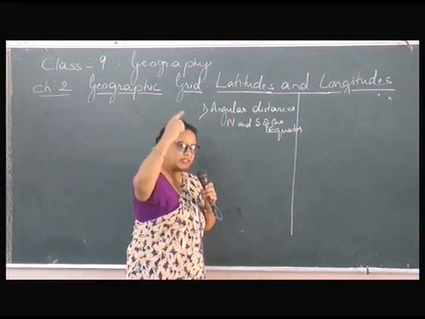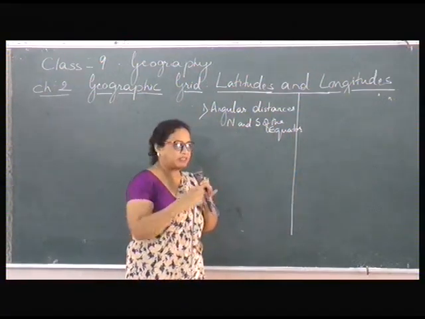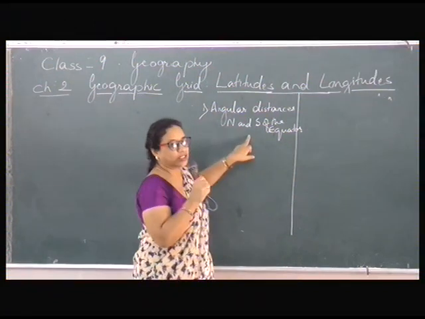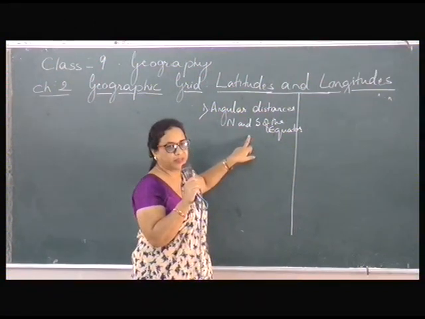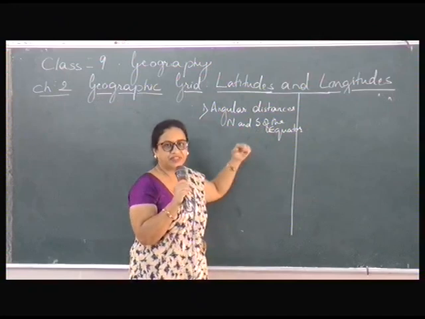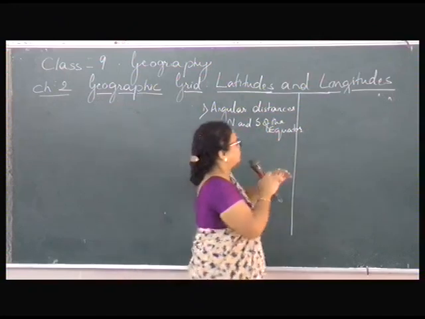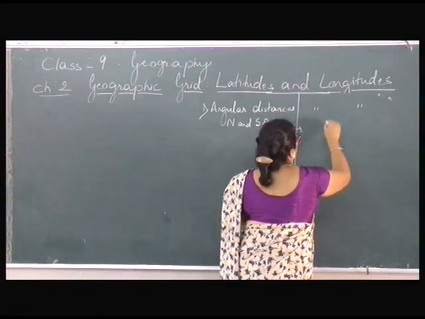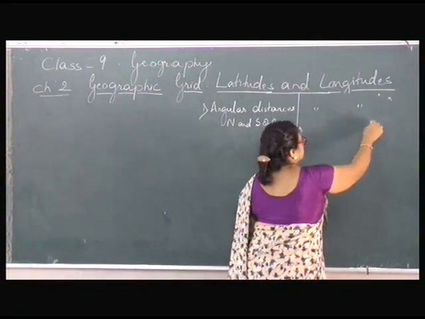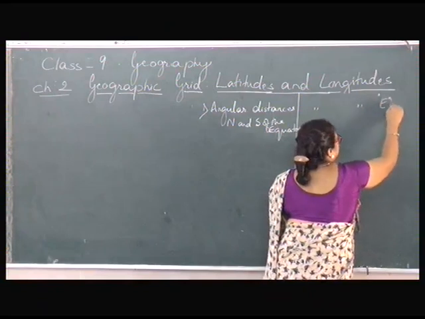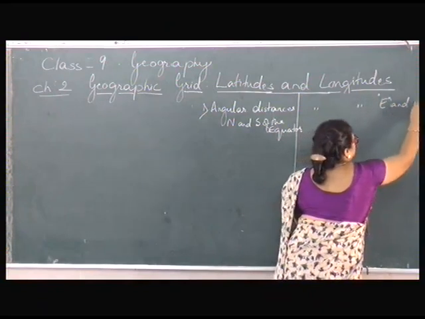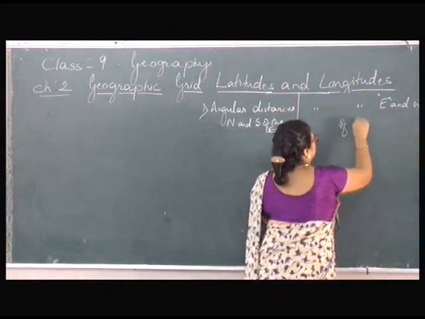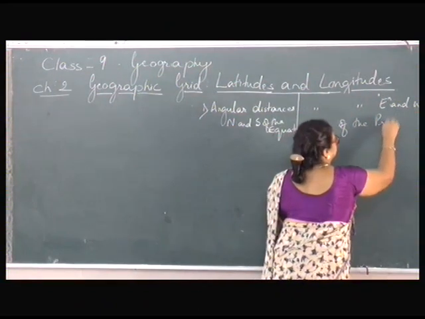For locating places north and south of the equator, we take the distance according to the angle of the place, angle from the center of the earth. Longitudes are the same, I'm not repeating it, angular distances, but after angular distances it is east and west of the prime meridian.